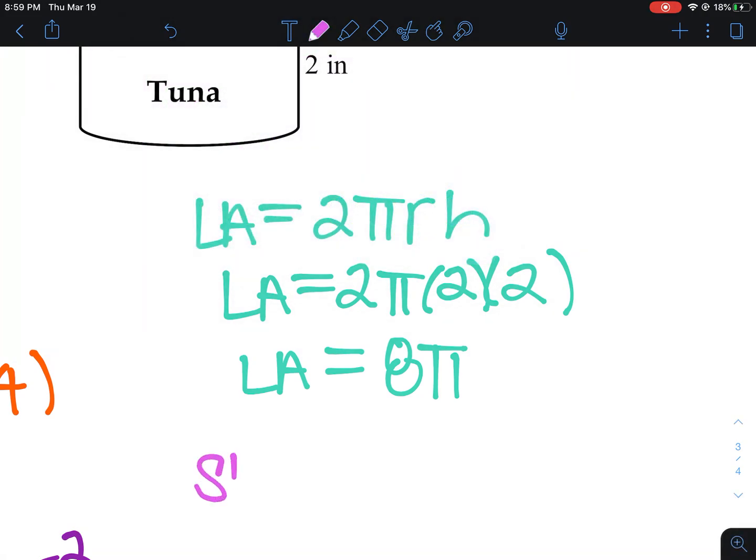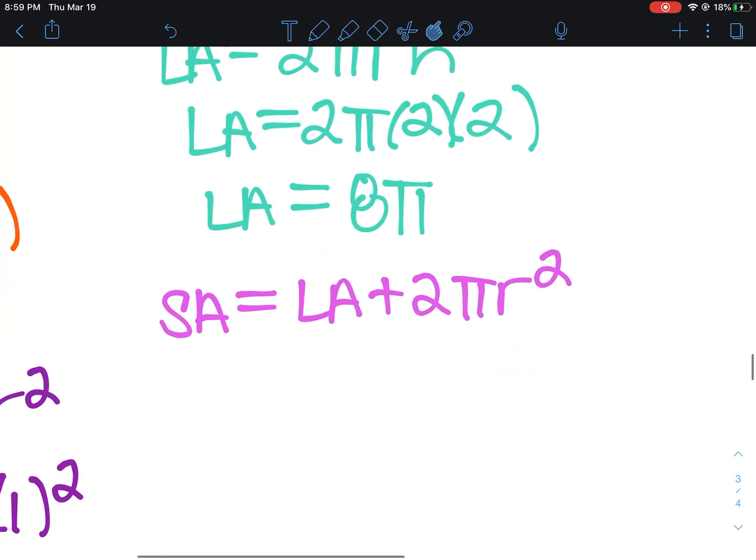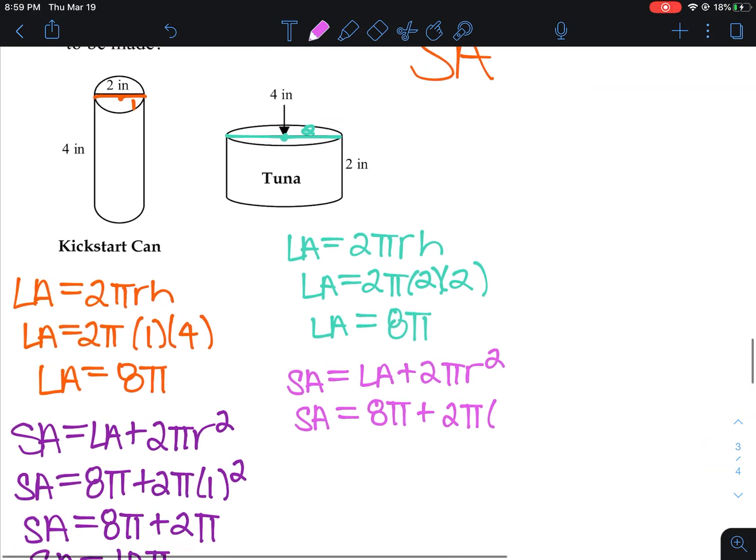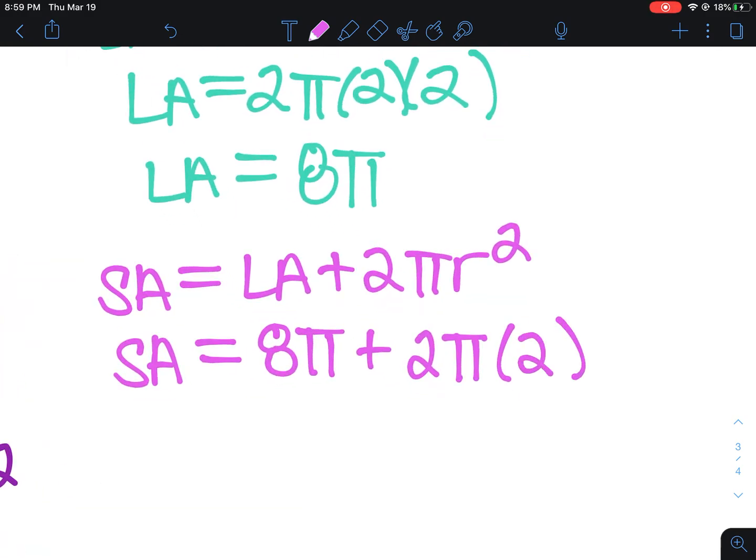So now we can use that to find the surface area, because it's going to be the lateral area plus 2 pi r squared. 8 pi plus the radius is 1. No, the radius is 2 this time. Sorry, my bad.